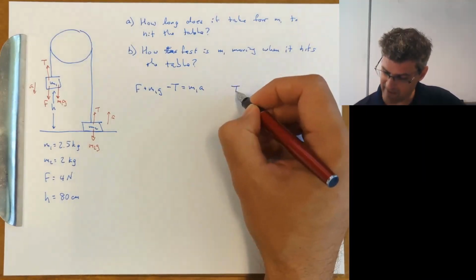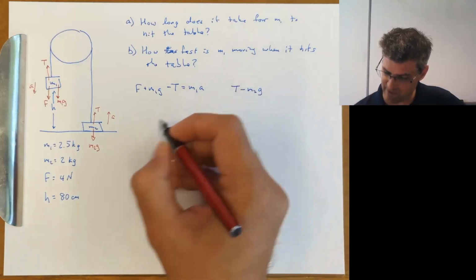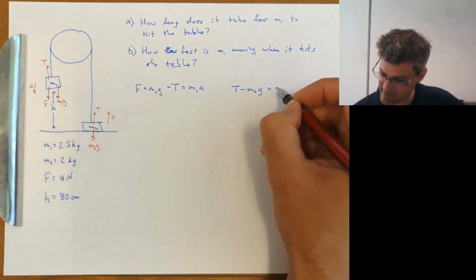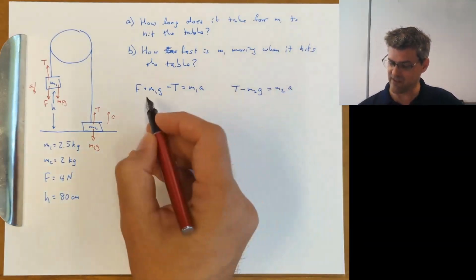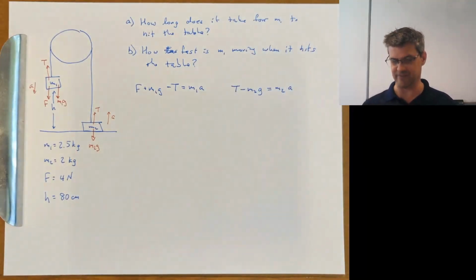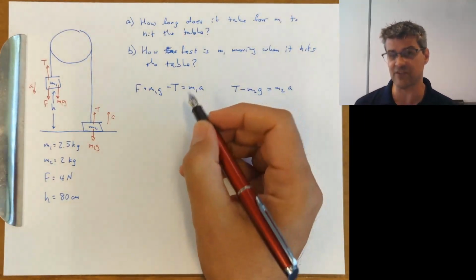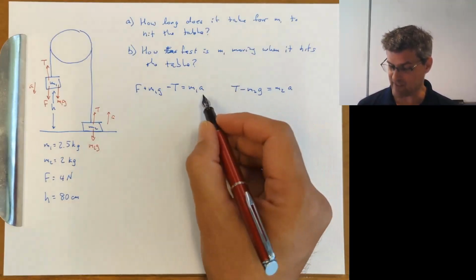What happens over here? I have a tension that's in the direction of acceleration, and a weight, M2g, that's opposite the direction of acceleration. The mass in this diagram is M2, and the acceleration is up. So these are the two equations that I have. I don't know the tension in the string, and I don't know the acceleration. It turns out I'm really only asked for the acceleration.